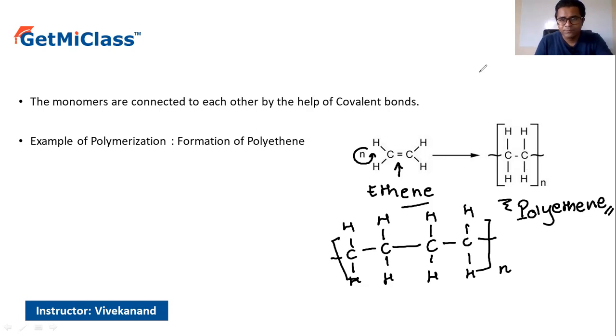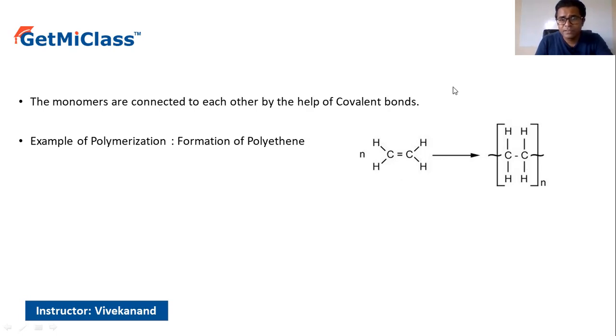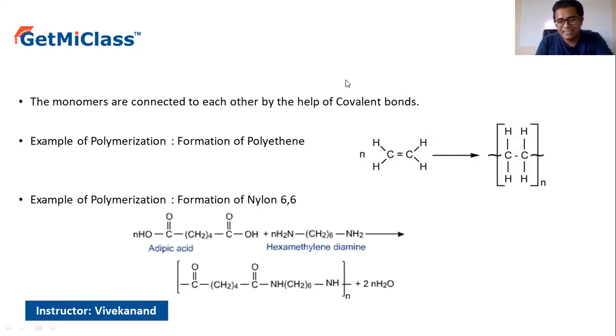Now, when we look at the next one, the formation of the second type of polymerized unit, that molecule we call nylon 6,6. In nylon 6,6 we use adipic acid and hexamethylene diamine. Here, in adipic acid, this section, the COOH, the OH section of the carboxylic unit is going to react with one hydrogen of the amine.